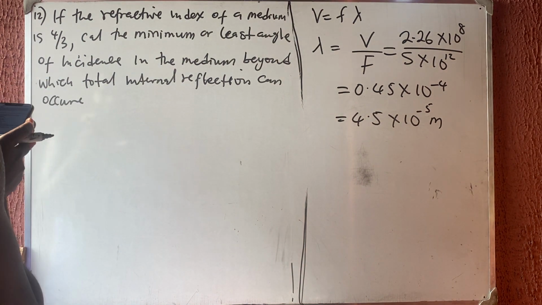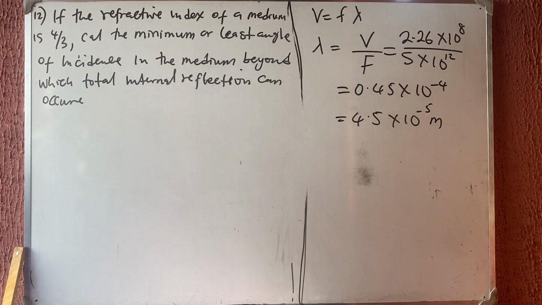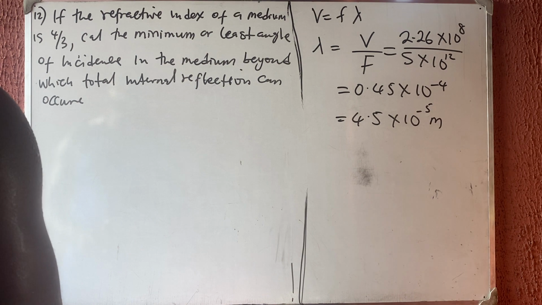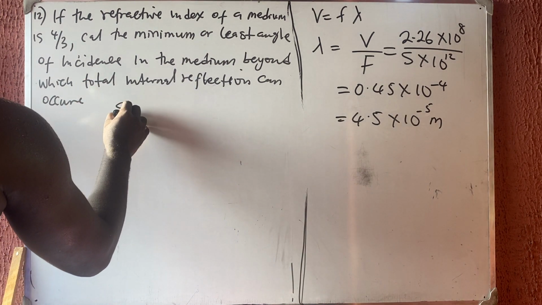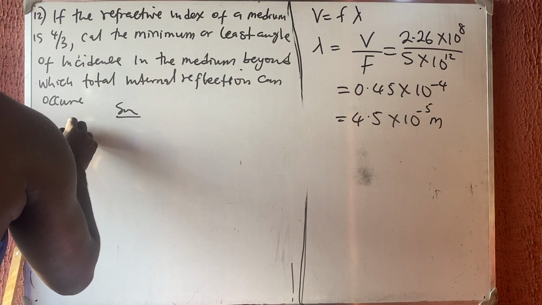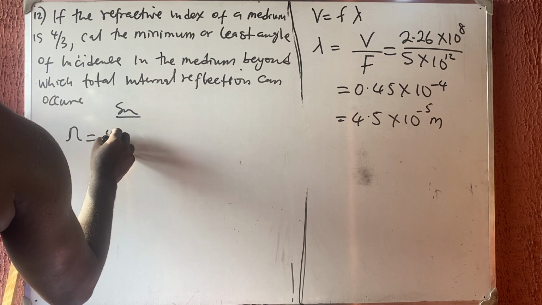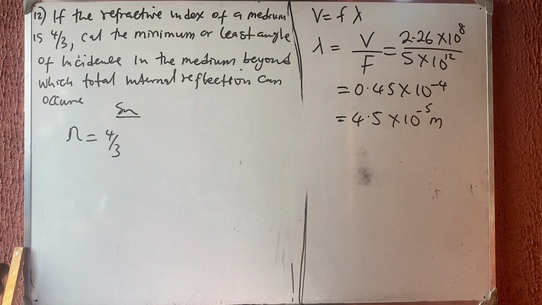Okay, so what do we do? They say that n is equal to 4/3. If the refractive index of a medium is this, we should calculate the minimum angle of incidence in the medium beyond which total internal reflection occurs.